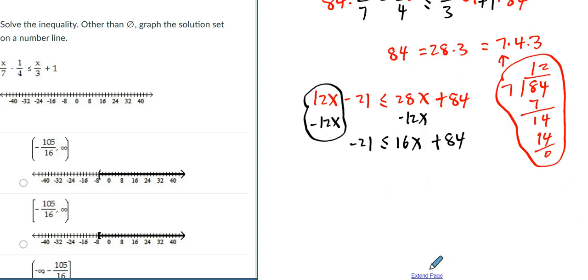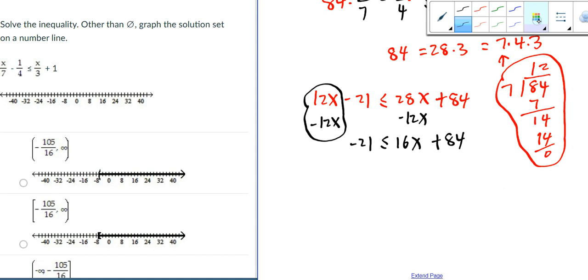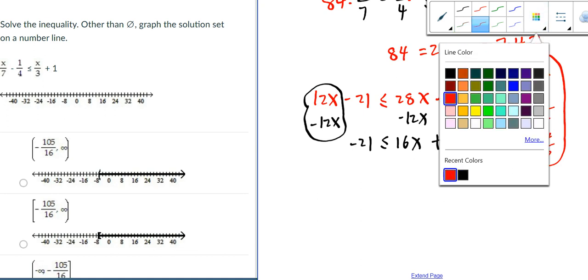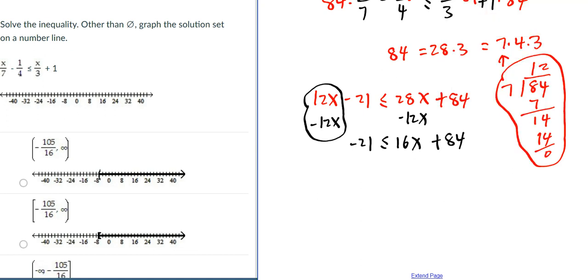Keep going. Now, let me get the red one. Okay. Then you take 84 to the left. Cancel positive, negative. So it looks like 84 positive.